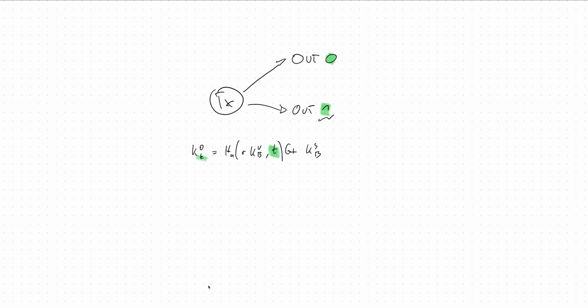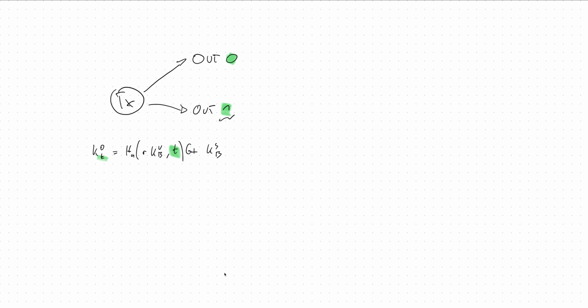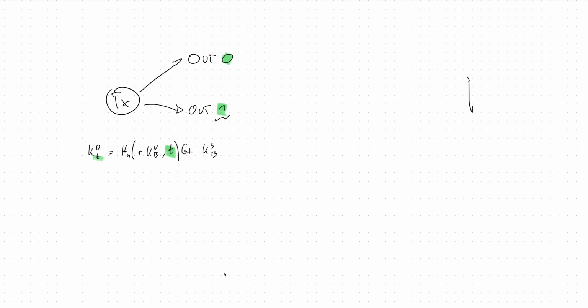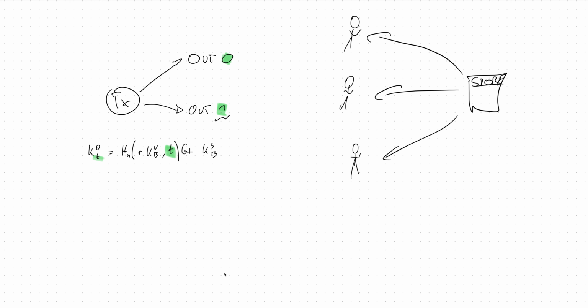Coming to payment IDs. What are payment IDs? Payment IDs are used in a scenario where, let's go down here, this is a store, and here are multiple customers. The store is only taking Monero, so he sells, for example, the same product for the same price.